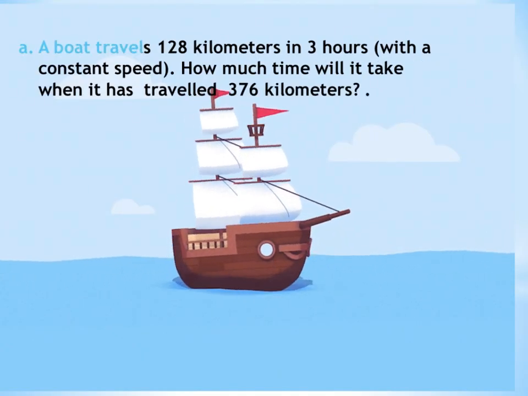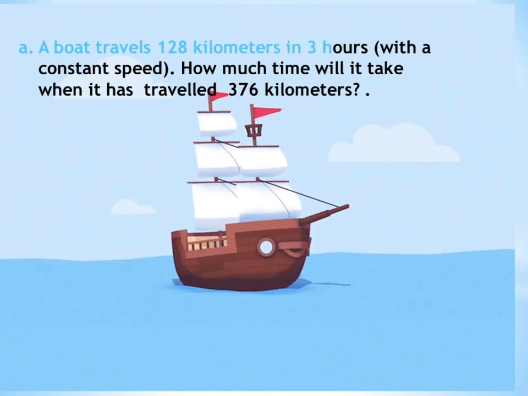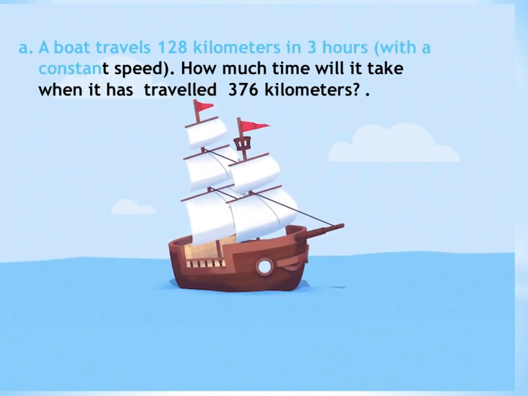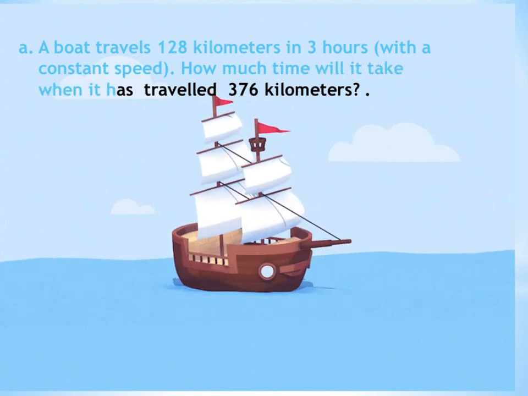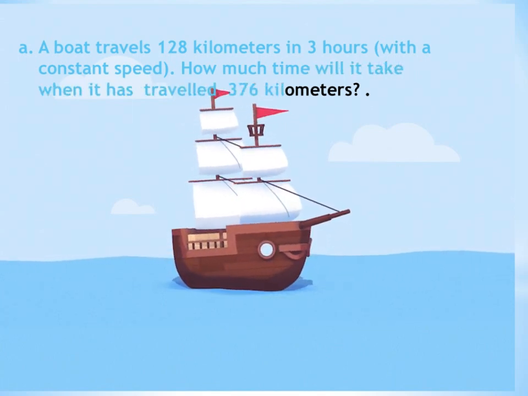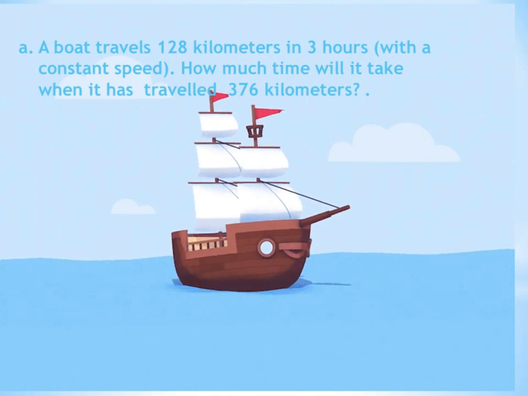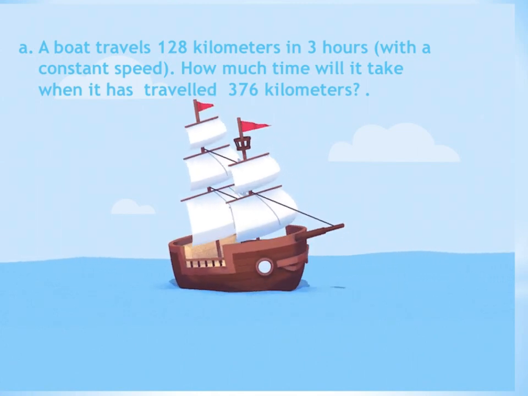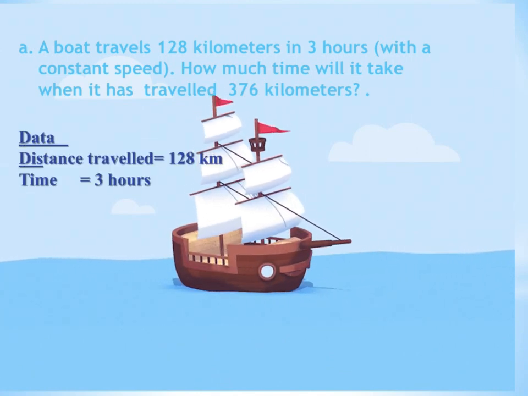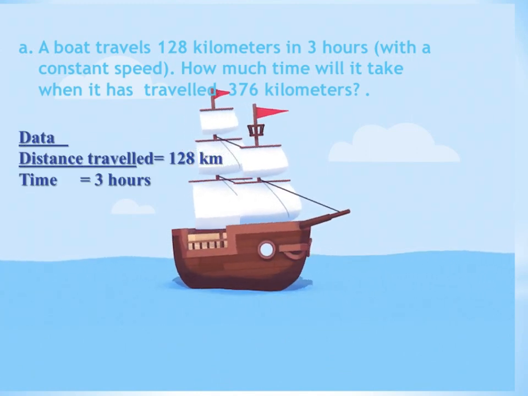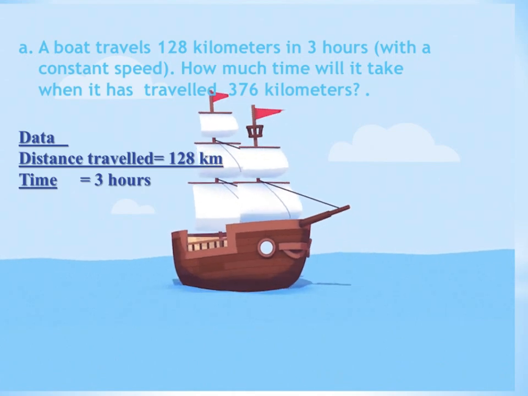Let's consider one practice question. A boat travels 128 kilometers in 3 hours with a constant speed. How much time will it take when it has traveled 376 kilometers? By studying the question above, we can formulate the following data. The following information in the first step can be easily taken out.